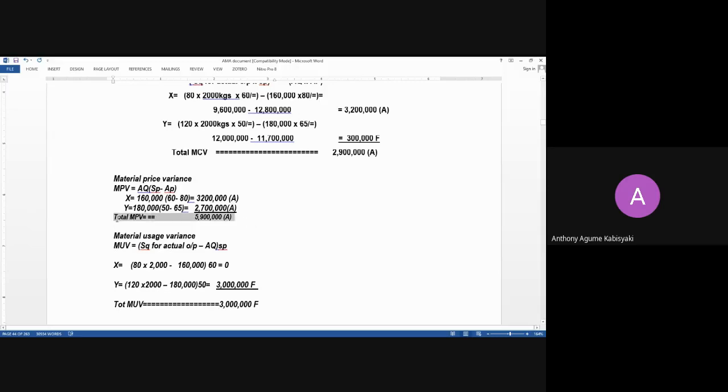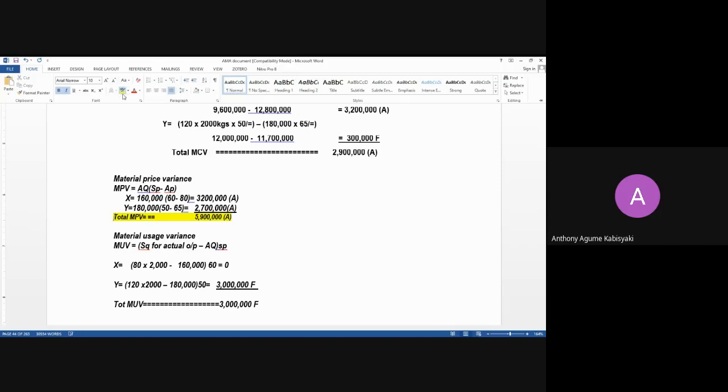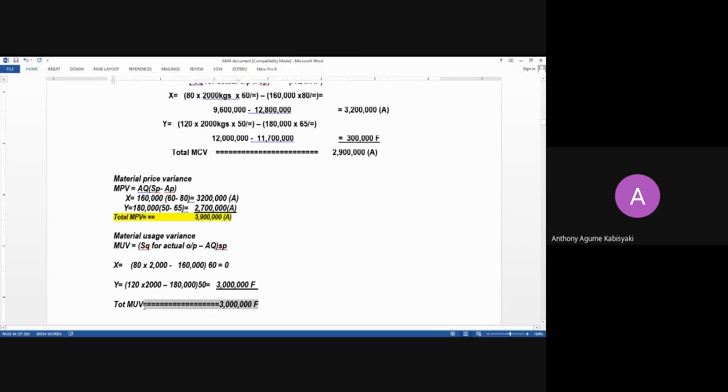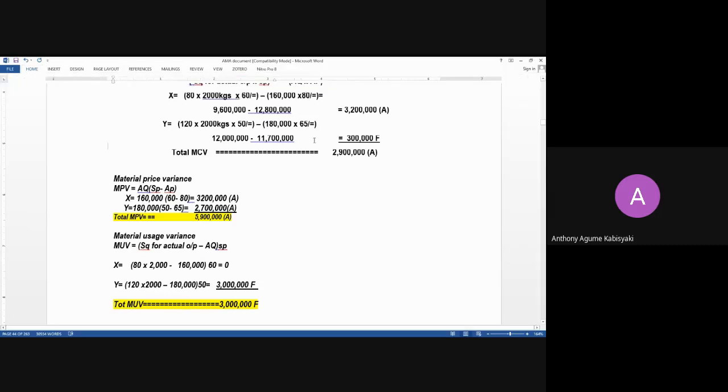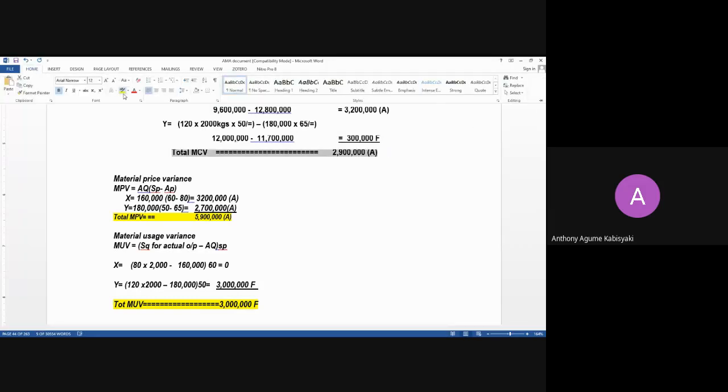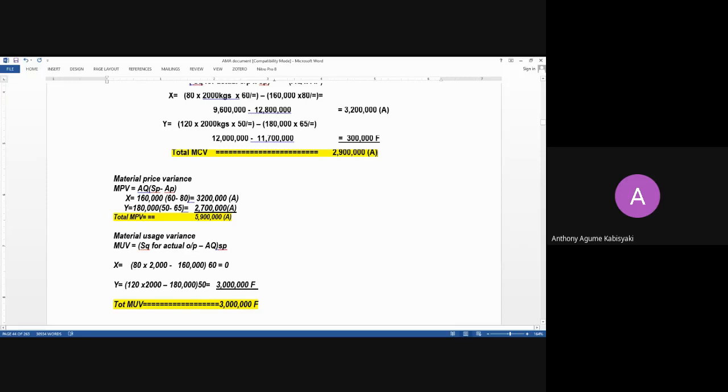Now remember what I told you. I said that the summation of these two, material price plus material usage, should give you material cost. When you add usage plus price, you should have the material cost. If you don't get it, then that means you've made an error somewhere.